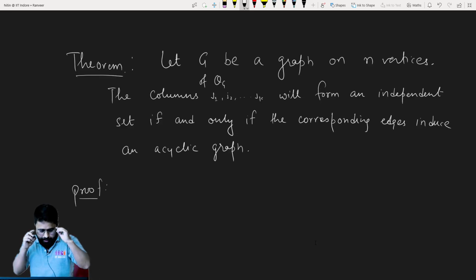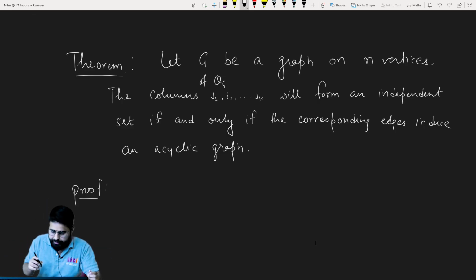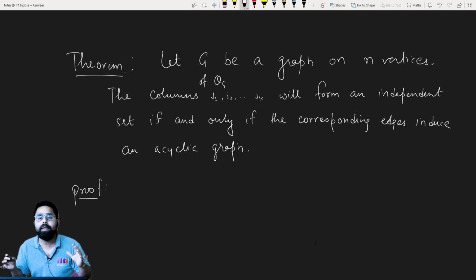Let us do this first with one direction. Suppose the graph has a cycle; then we will prove that in that case these columns form a dependent set.